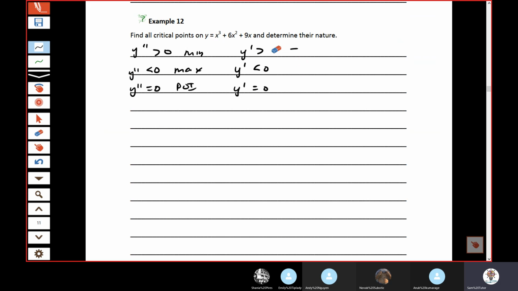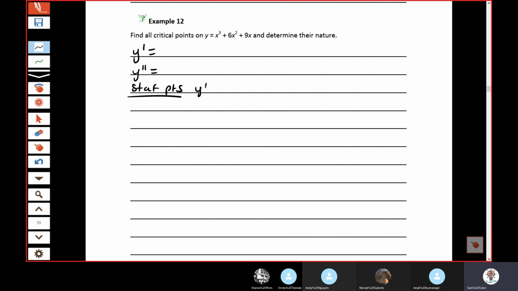Rub it out. I'm about to show you how I pretty much want this question done. All questions. So now, as we're finishing off this topic, because this is the last bit of it, it's going to be set out like that. So we're going to set it out like that as well. So y dash, y double dash. Then we're going to have stat points.